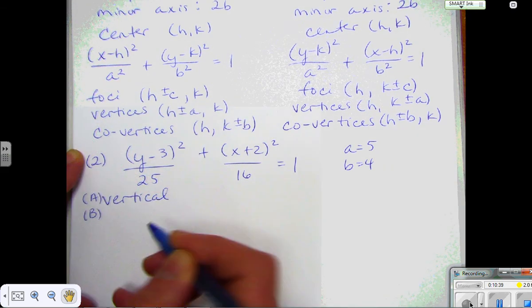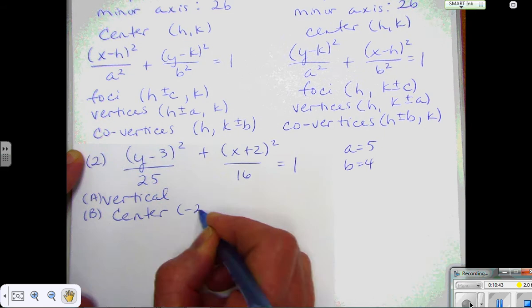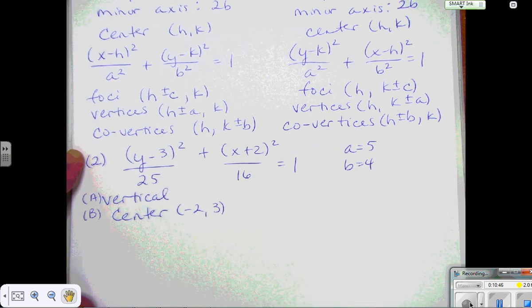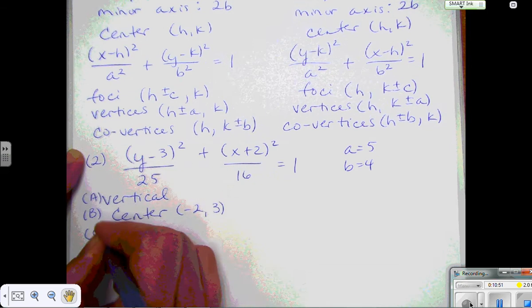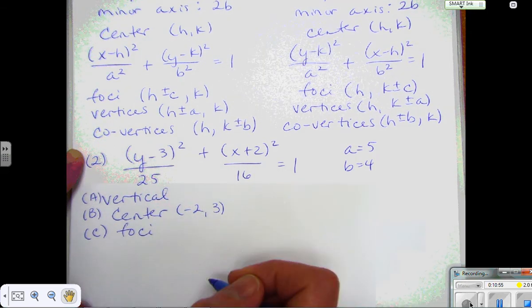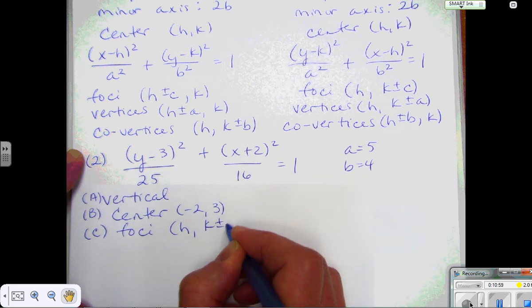Part B says to find the center. Center is going to be -2, +3. Your h is with the x, k is with the y. Okay, and then on C, it wants you to find the foci points. For vertical, it's h and then k plus or minus whatever c is.